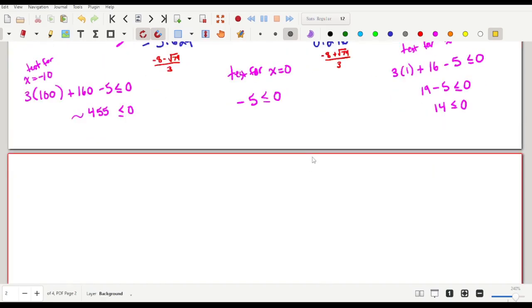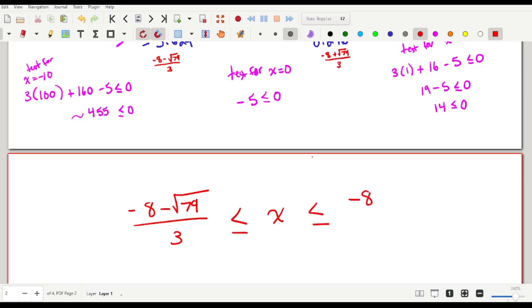So our answer to this question is, we're really asking what is the domain of this equation, or what satisfies this equation. We could say that x is in between these values, so we could write it out this way. x has to be greater than or equal to that, but less than or equal to this.